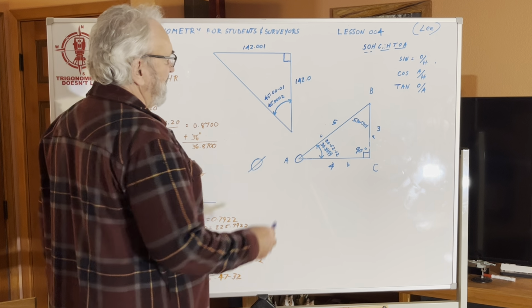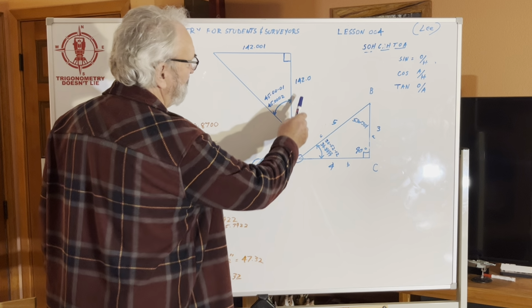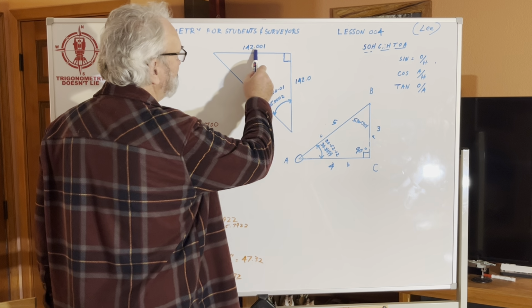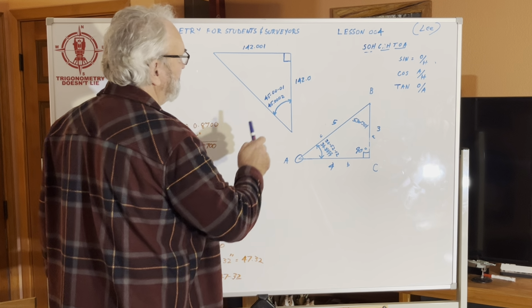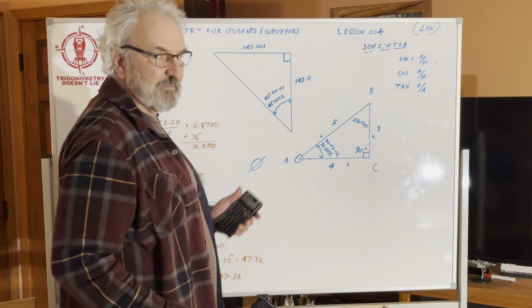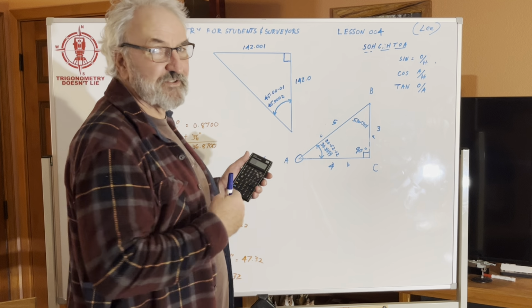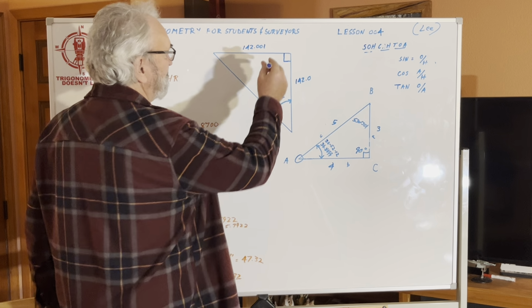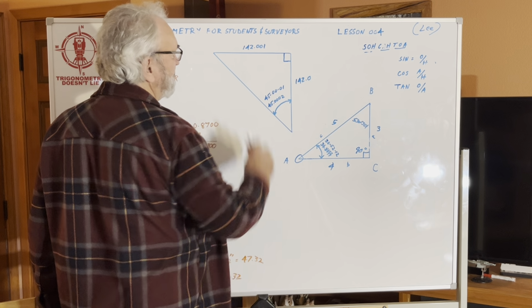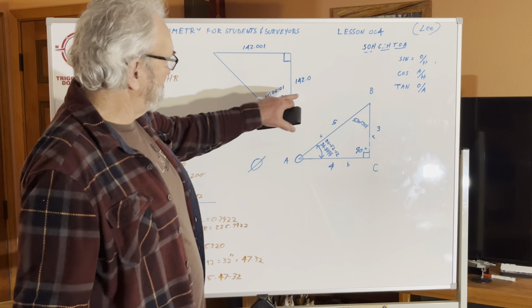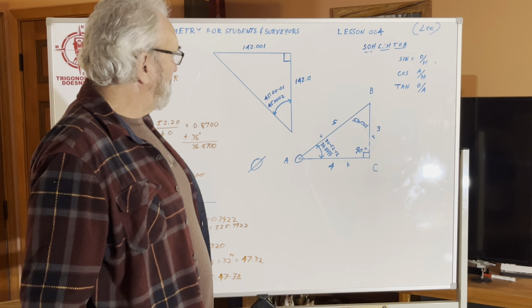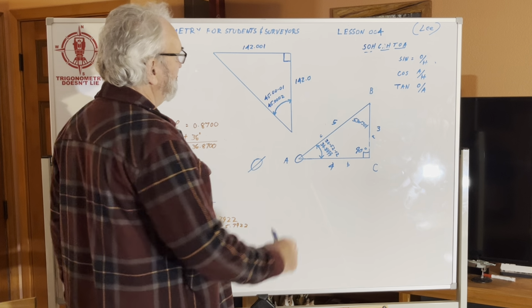But what happens if you have something like this, 142.001? I remember we talked about fixing our calculators to 4 places right of the decimal. I even worked this out with 0.0001, 1/10,000th of the difference of that. All right, so let's figure this out now.